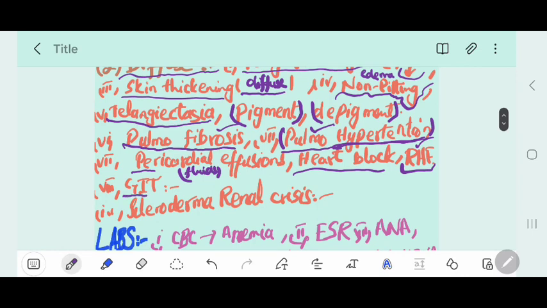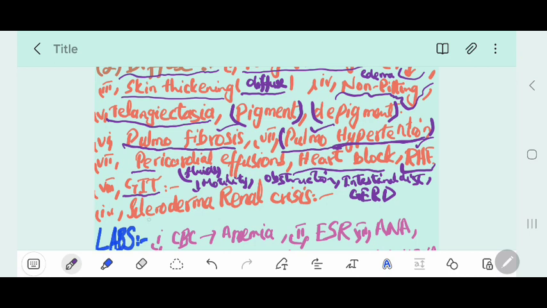Then if we come to GIT, then there is decreased motility, obstruction, intestinal distension, gastroesophageal reflux disease. You will see all these features in diffuse systemic sclerosis.